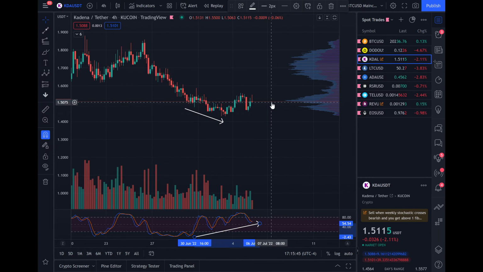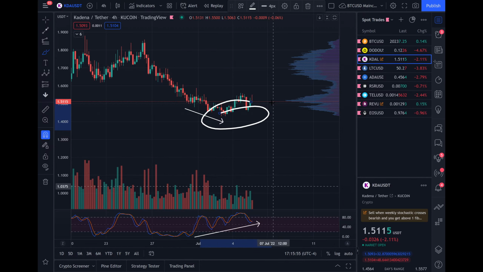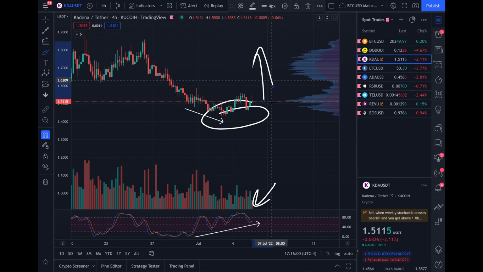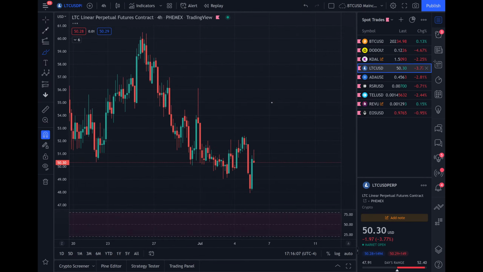That's basically a powder keg for price action. If you're accumulating positions in Cardano, it's really smart because the charts and the momentum indicators are telling you that the next move is going to be huge and you're going to be in the profits quickly. So that's Cardano. All right, Litecoin.